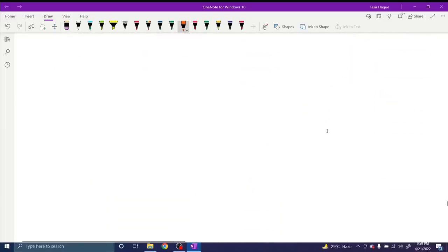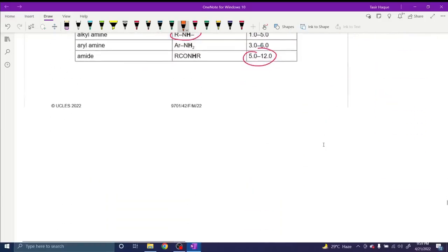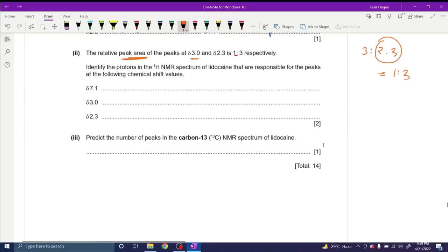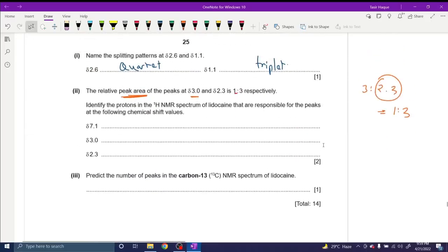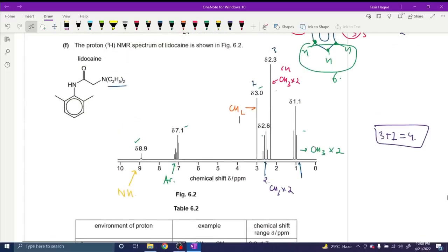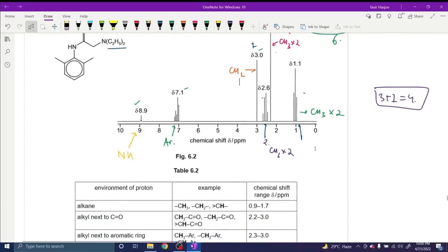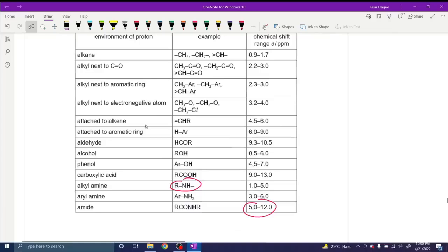So now let's fill this table up. The relative peak area of the peaks. Identify the protons in the NMR spectrum of lidocaine. So the one at 7.1, the multiplet, what do we need to write? Basically, look at this table. It's the aryl group, hydrogen attached to the aromatic ring.